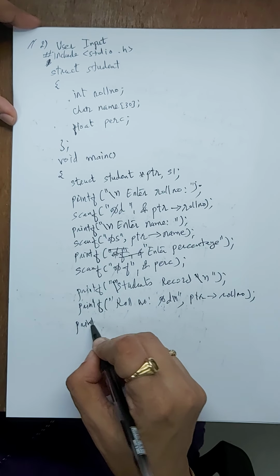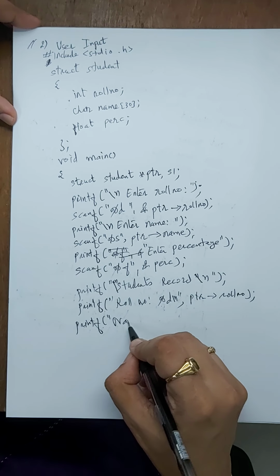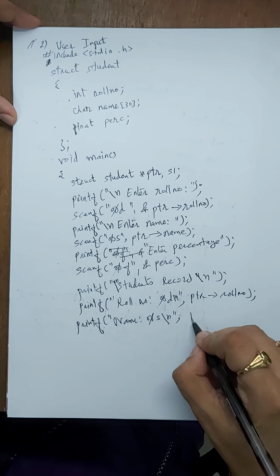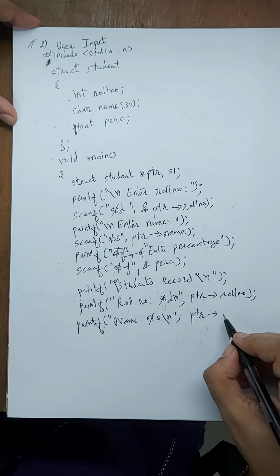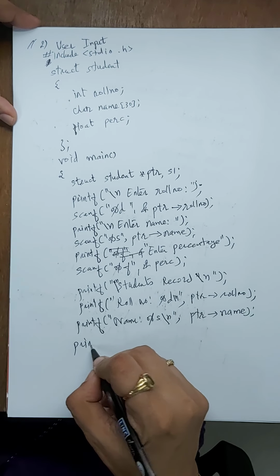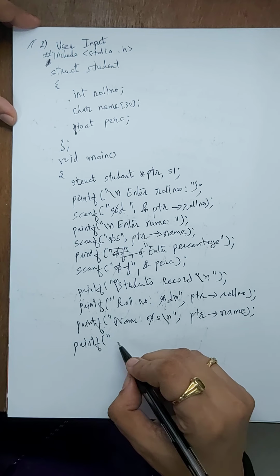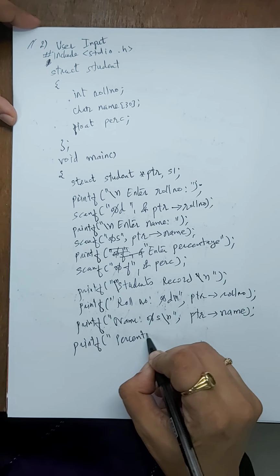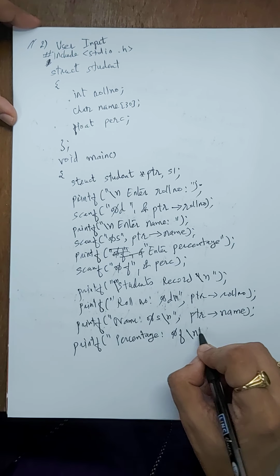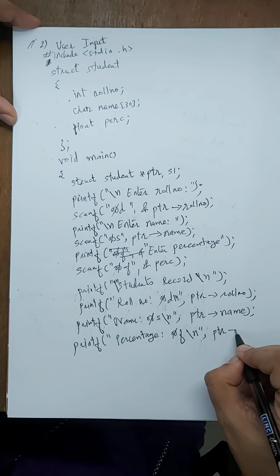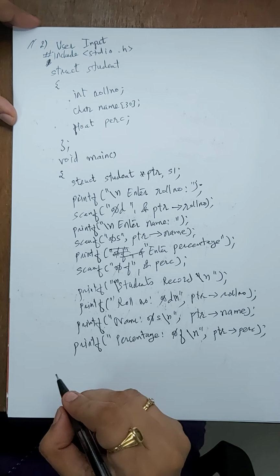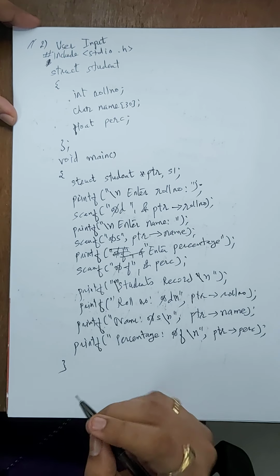Then printf name %s new line, and here we'll write ptr name. And then printf percentage, that is %f new line, ptr percentage. Fine. So this is what we have done, so we can close it.